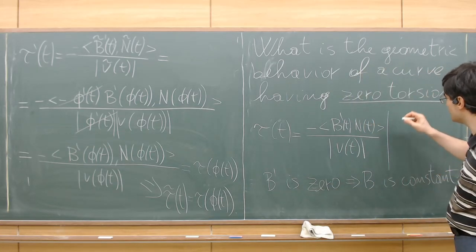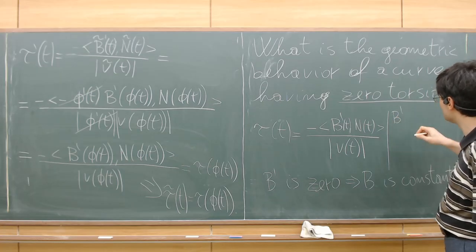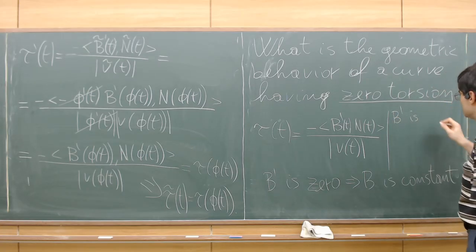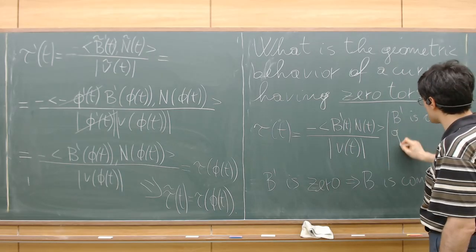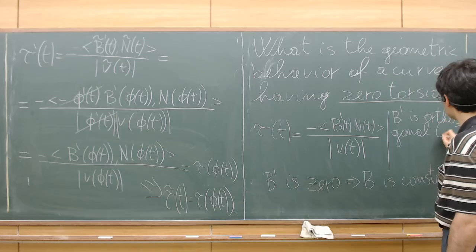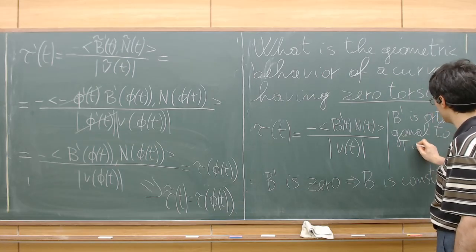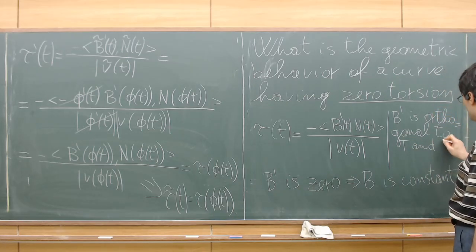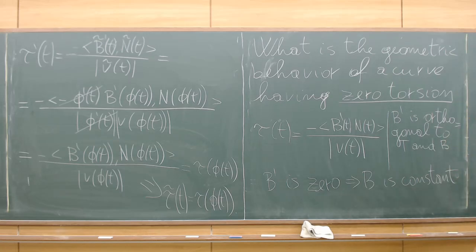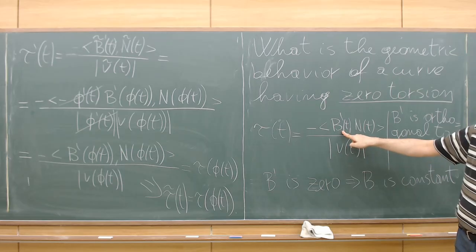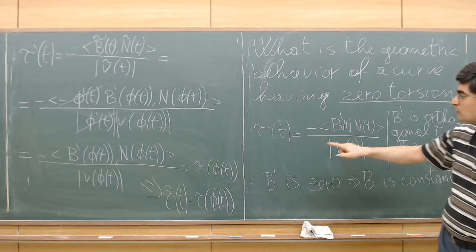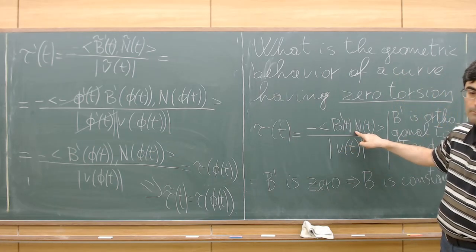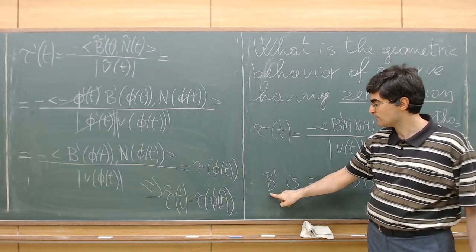The answer is that last time we proved that B prime is orthogonal to T and B. So B prime has only one non-zero component along n. This means that if the torsion is 0, this component will be 0, and this means that the vector is 0.